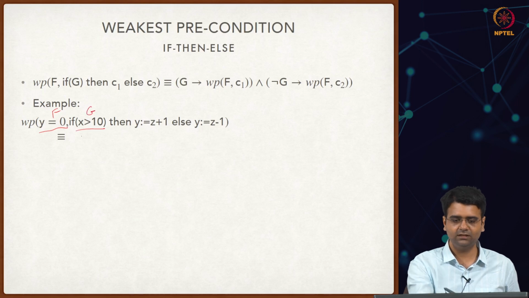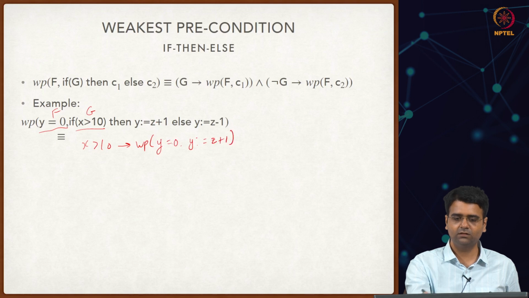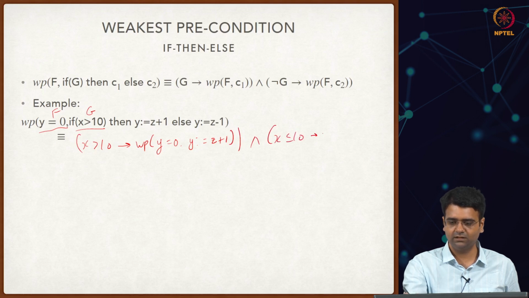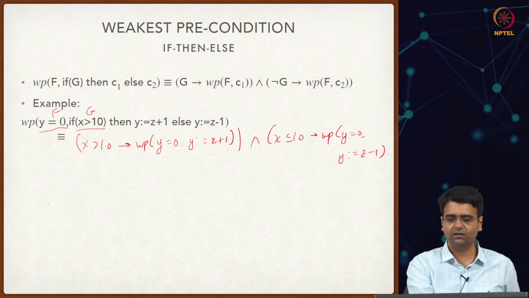This is G. So I get x is greater than 10 implies weakest precondition of F, which is y equal to 0, and C1, which is y := z + 1. This is the first conjunct, and the second conjunct, which is not G: x is less than or equal to 10 implies weakest precondition of y equal to 0 and y := z - 1. So this is what you get by just applying the definition.